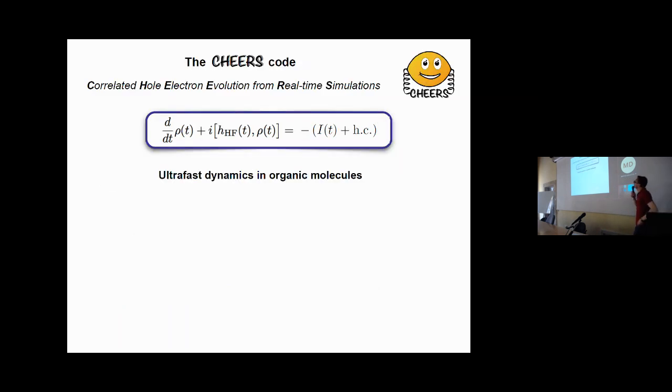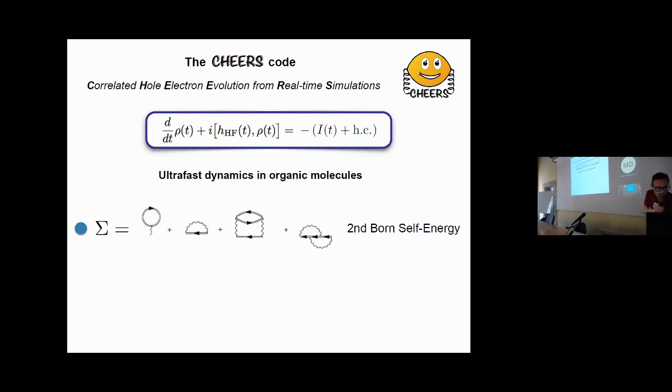Okay, so let me first show what we can study with this equation. We can study, for instance, the ultra-fast electron dynamics in organic molecules. For this kind of system, the second-order self-energy is enough. This means that we include the first four diagrams in the power series.